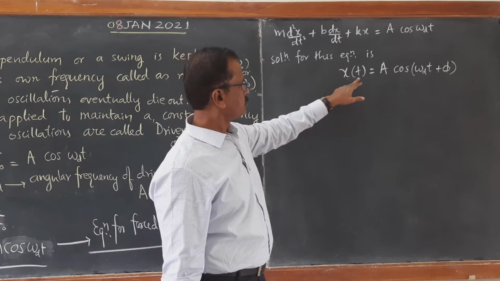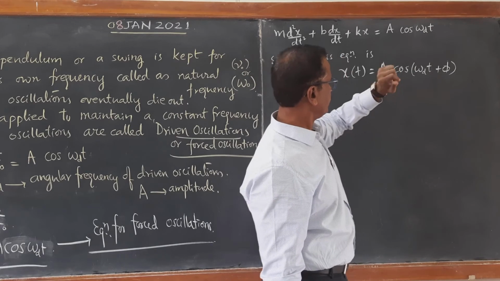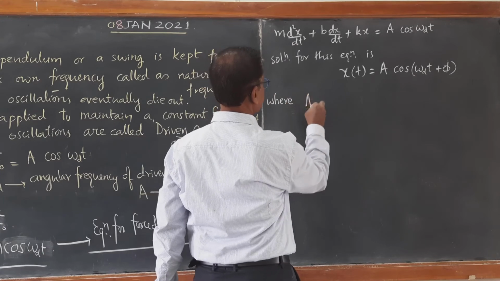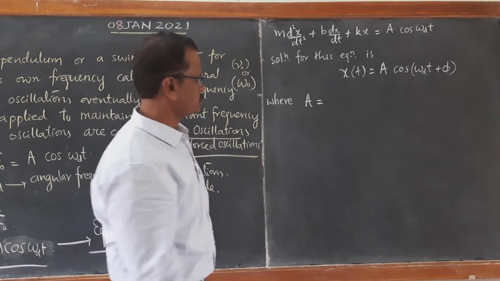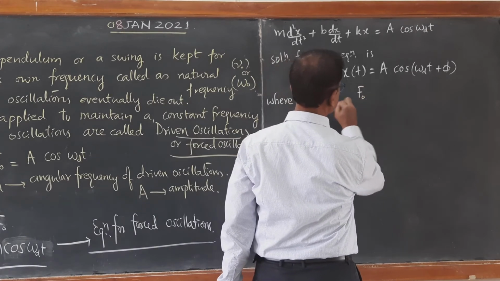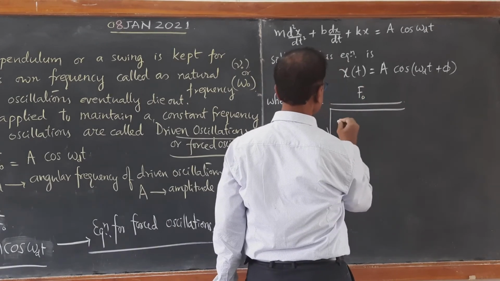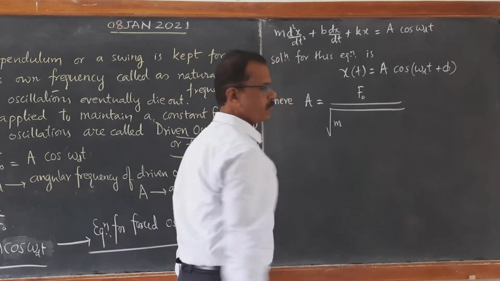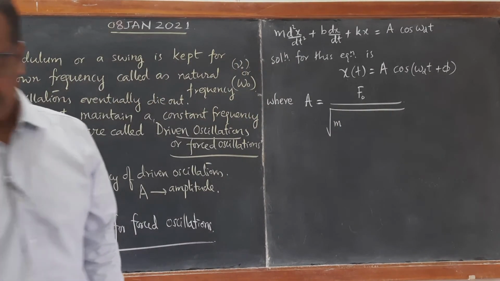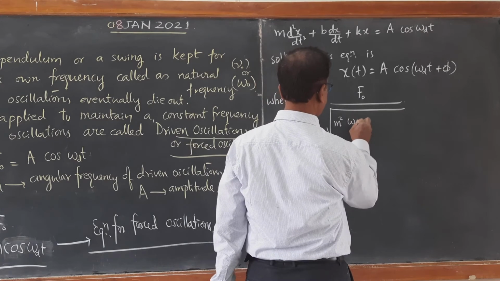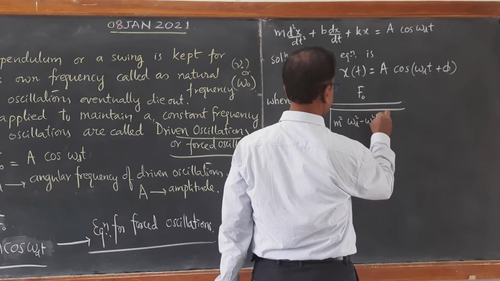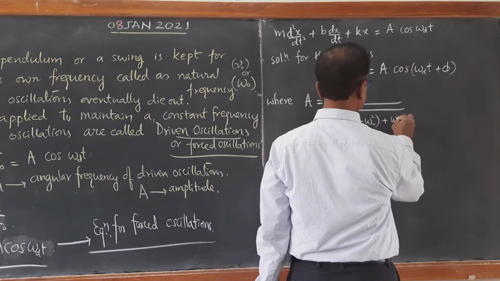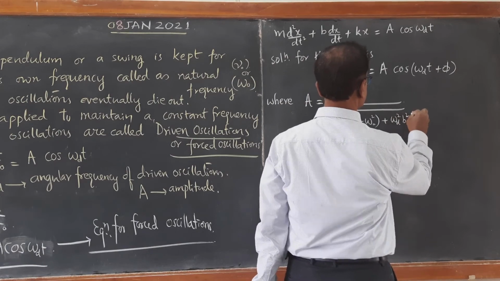Result: x equals a cos(omega d t plus phi), where a is the amplitude of the driven oscillations or forced oscillations, which is given by F naught upon the square root of m square into (omega naught square minus omega d square) whole square plus omega d square b square.